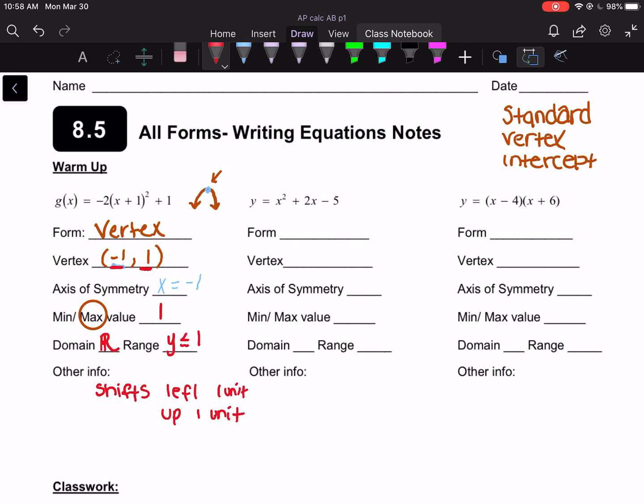It reflects because of the negative a value, and it's over the x-axis. And since the a value, 2, is larger than 1, ignoring the negative, we know it's a stretch. So stretch by a factor of 2.